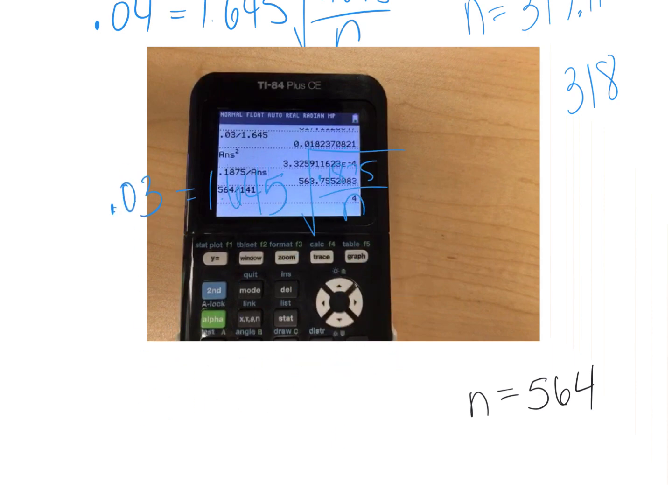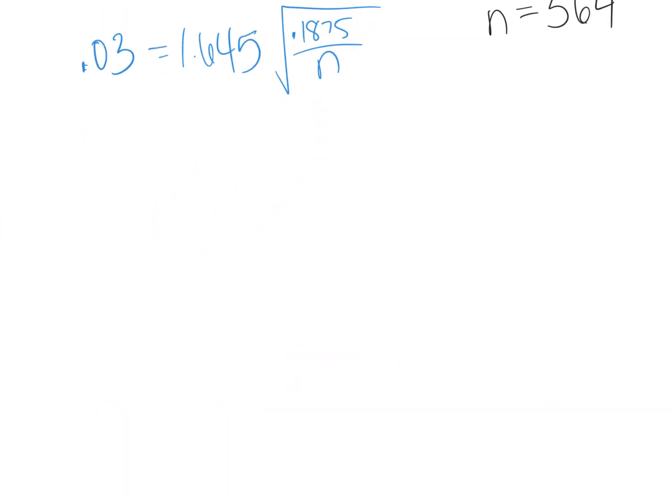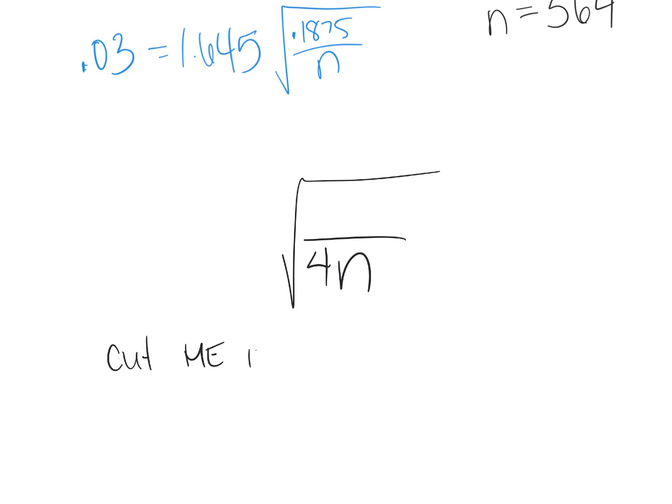Right? Because what do we know about where n is in our formula? n's down here, right? When I put a 4 here, what's the square root of 4? 2, and it's in the bottom, right? So half, multiply it by 4. So to cut margin of error in half, we have to multiply n by 4.